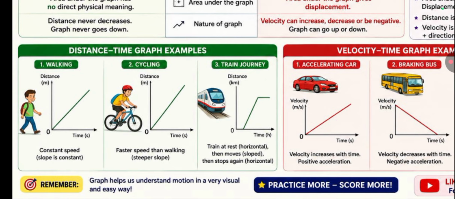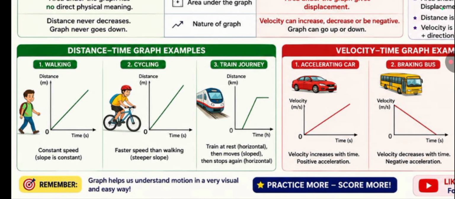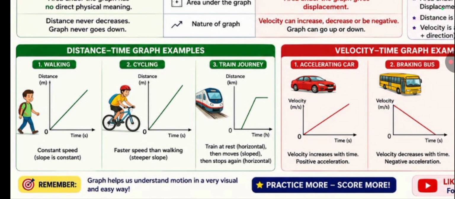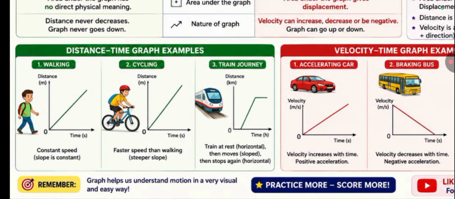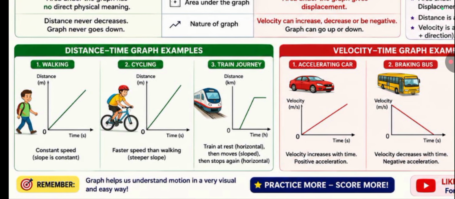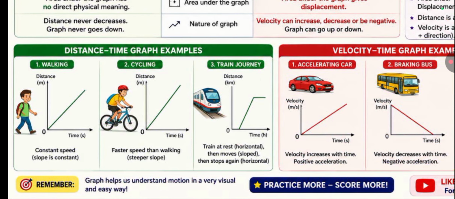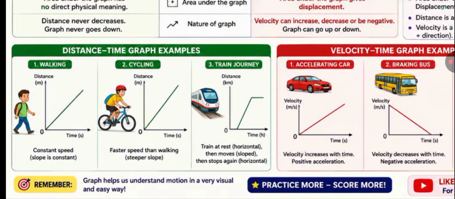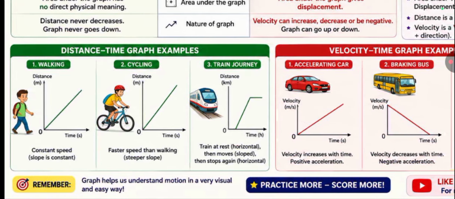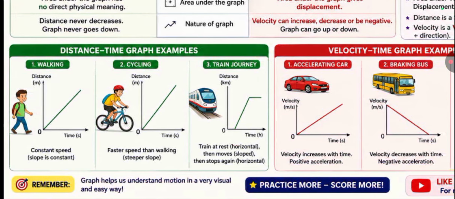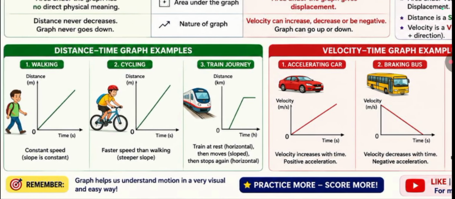If a boy is cycling at a faster speed than walking, that gives a steeper slope. It also gives a straight line. If a train is at rest, that is indicated by a horizontal line in the graph, then it moves, giving a slope, then stops again, and again it indicates a horizontal line. We have to show this figure.